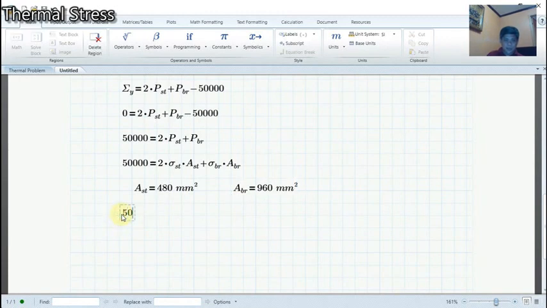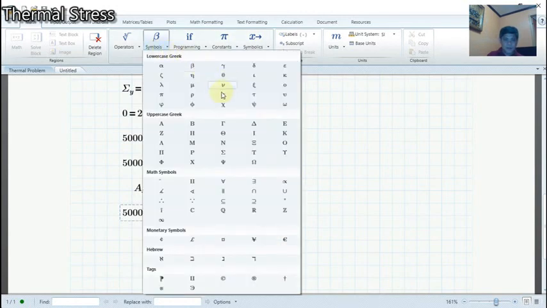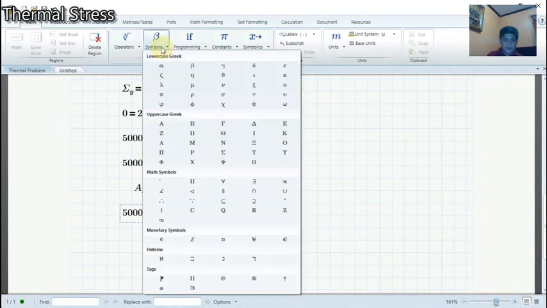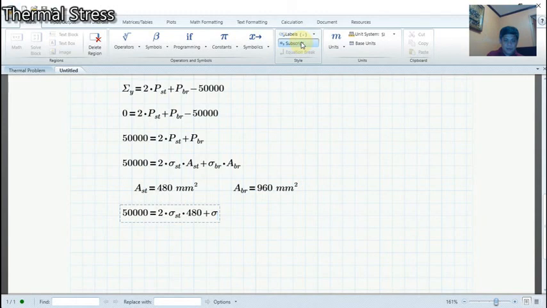So we have now 50,000 equivalent to 2 times the stress in the steel times 480, then plus the stress in the bronze multiplied by the area of the bronze, which is equivalent to 960 mm squared.